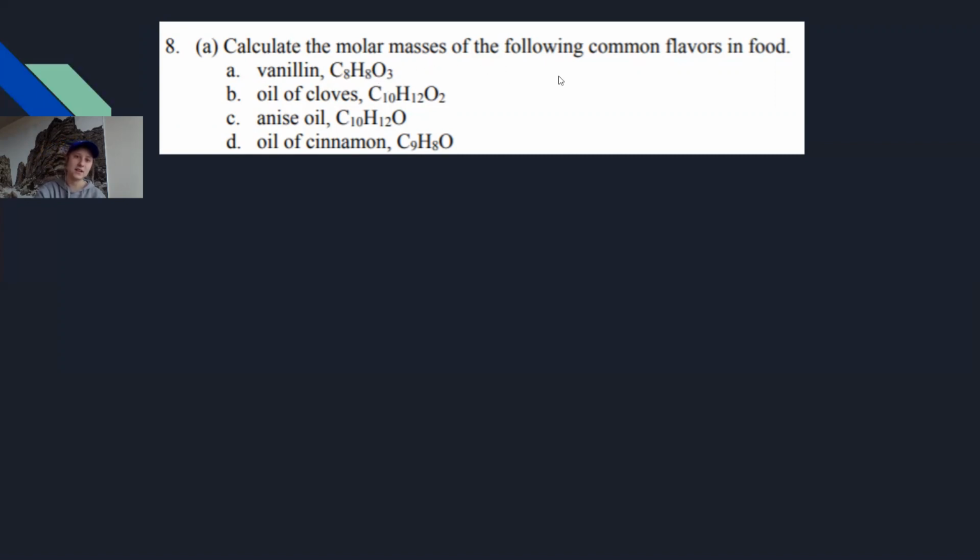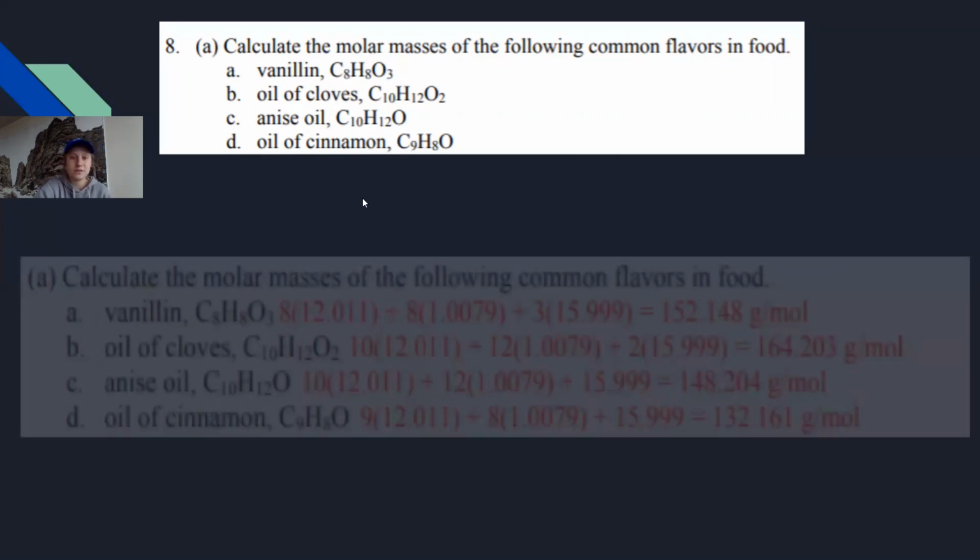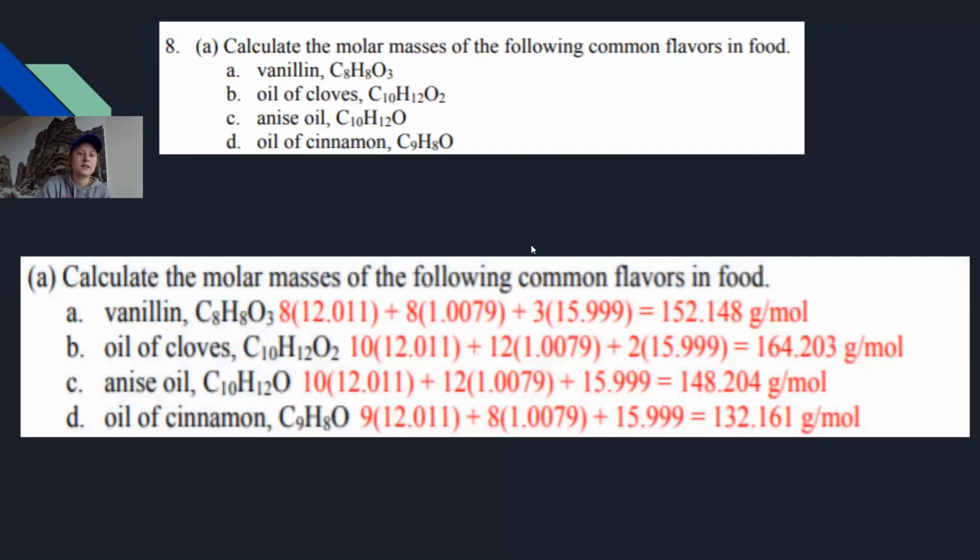That's the molar mass of the flavors, I guess. So that's 12.01 times 8 plus 1.01 times 8 plus 16 times 3, which is like 152 or something. So this gives all of them, and you'll just do that for all of these. It's super simple, straightforward. We've been having to do this all year at this point. I hope you know how to do it.